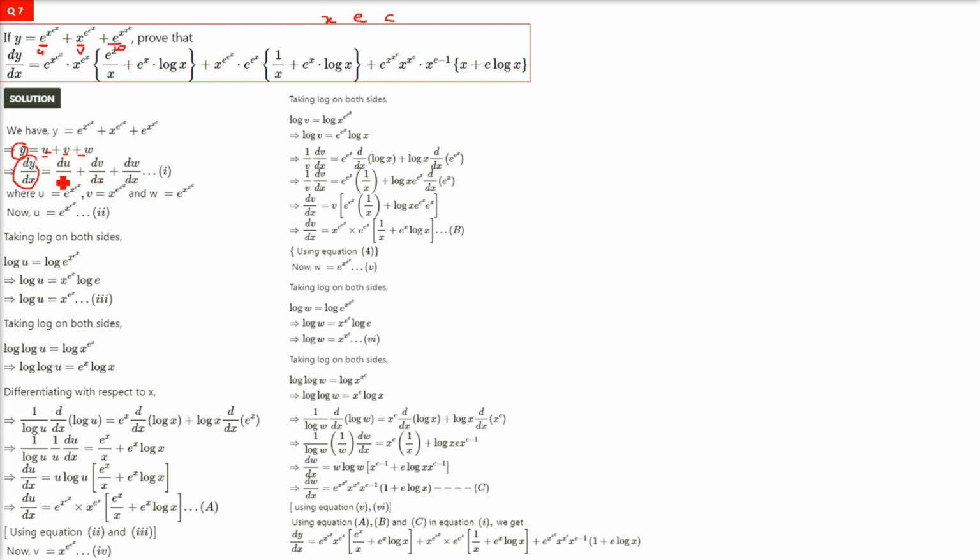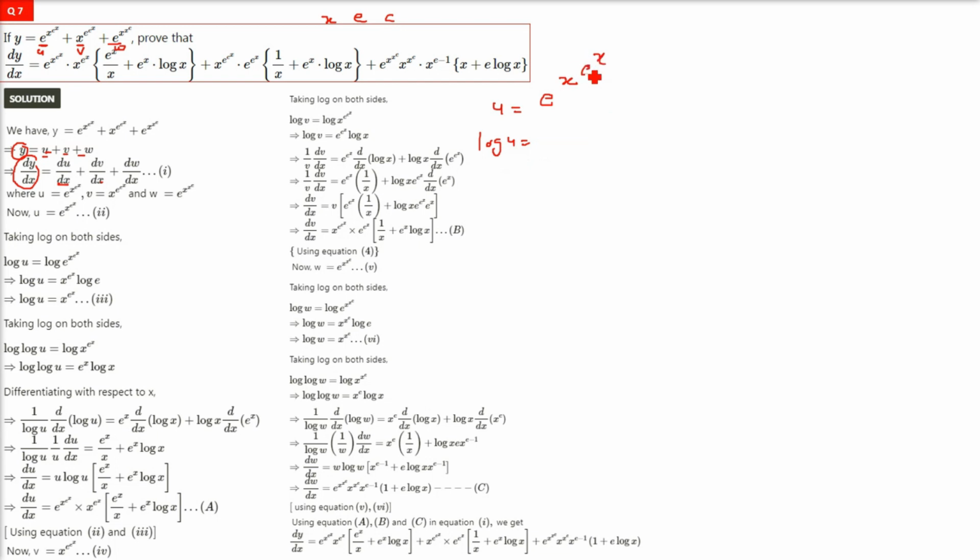So u, v, w, du by dx you have to do. U is what? See, it is e to the power x to the power e to the power x. This is the first term. So there is a powering of e and x only.